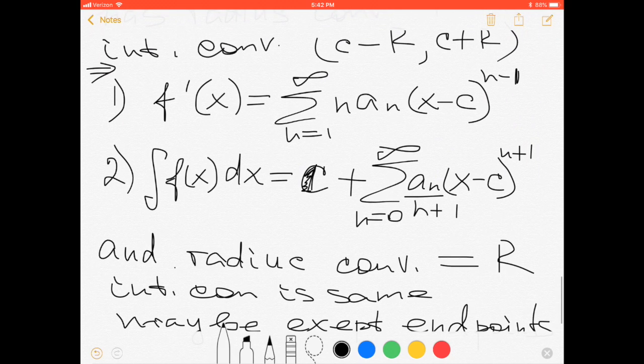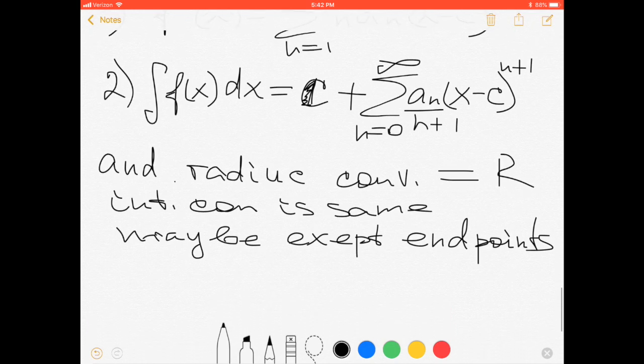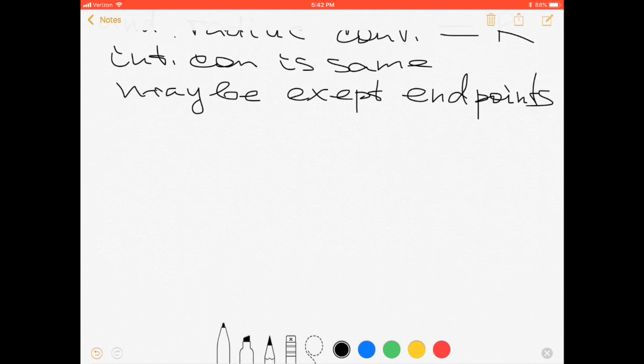You see how important this theorem is? This means if you know the interval of convergence of a function, you have the same information about its derivative and antiderivative. Looking at some examples.